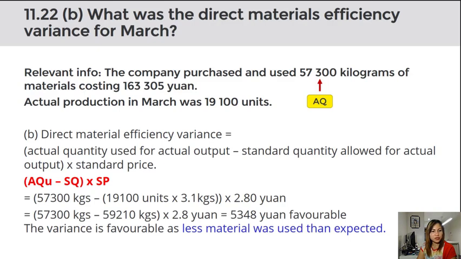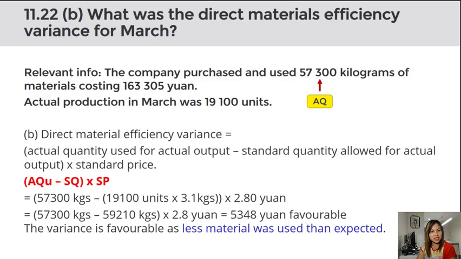So 57,300 actual quantity minus 59,210 kilograms standard quantity times 2.8 yuan per kilogram.